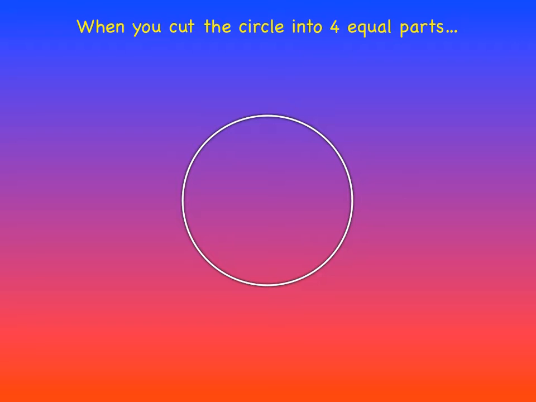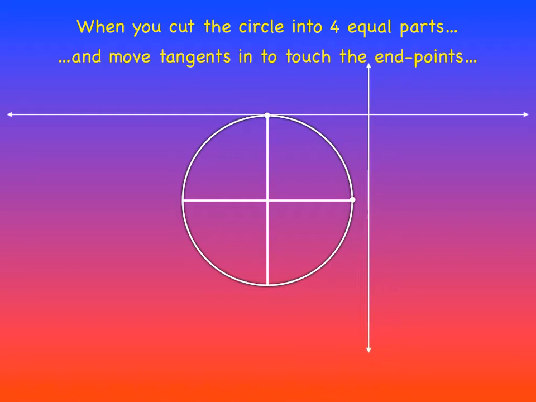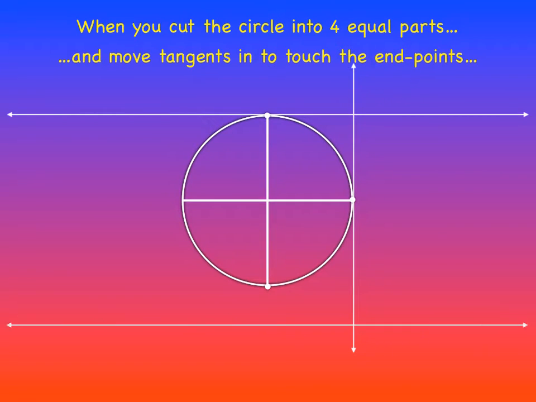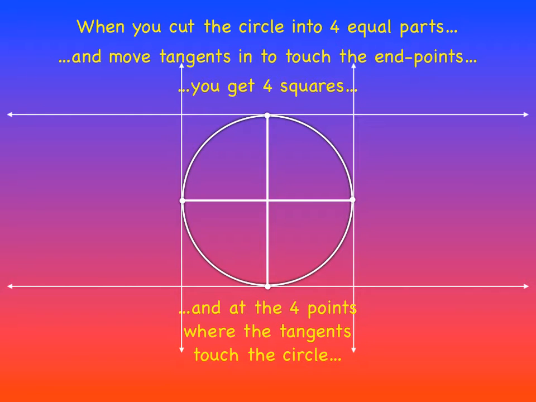When you cut the circle into 4 equal parts and move tangents in to touch the endpoints of those lines we cut the circle with, you get 4 squares. And at the 4 points where the tangents touch the circle, there will be a pair of 90-degree angles.